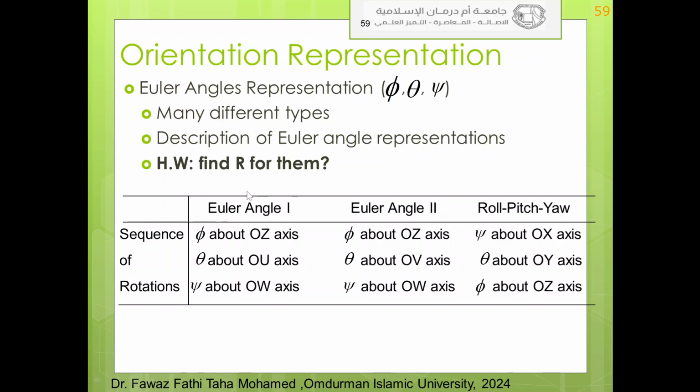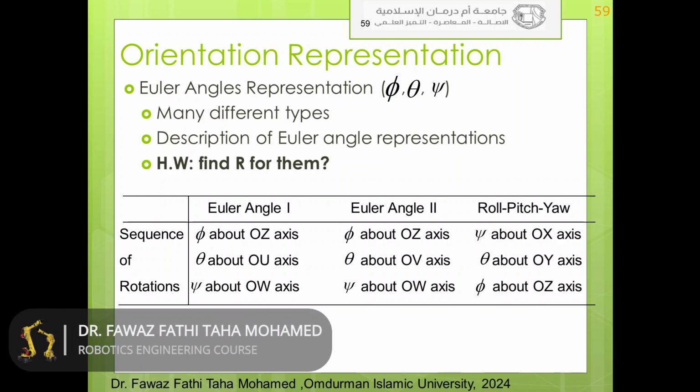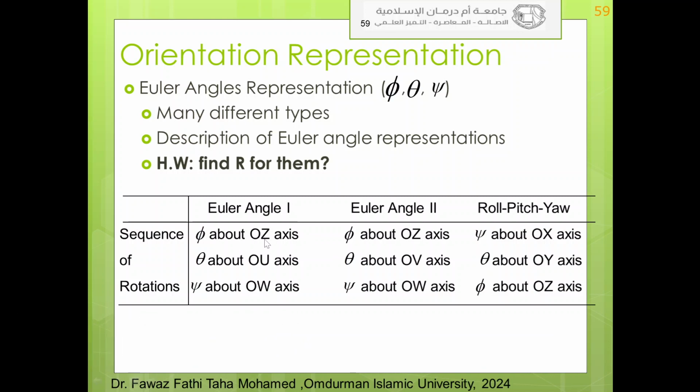Here we have 3 angles: phi, theta, psi. Other references use, for example, alpha, beta, gamma. Here we have common angle cases or common combinations of rotation. For Euler angles, the first rotation is always around the first axis, which is fixed.